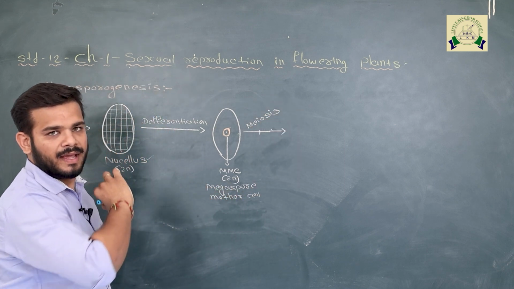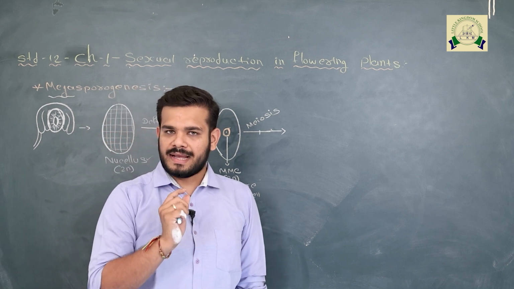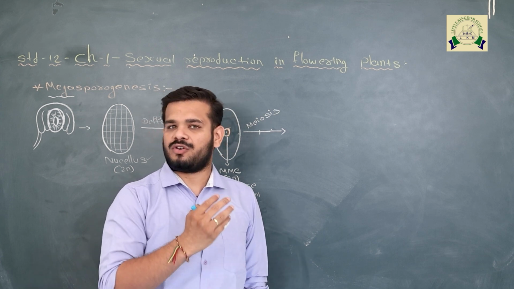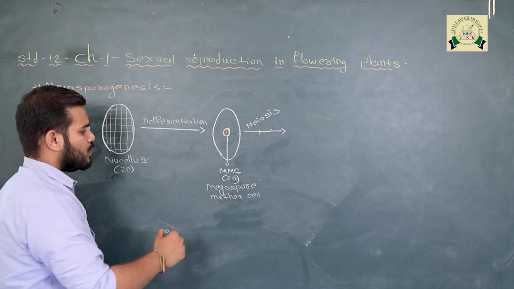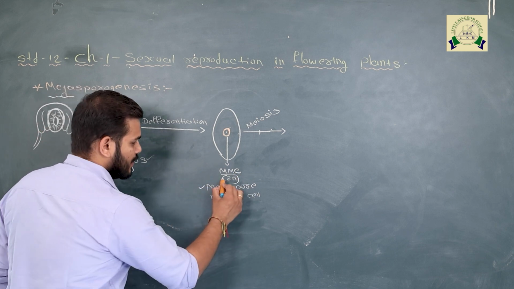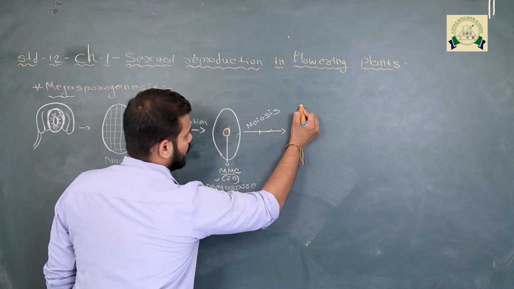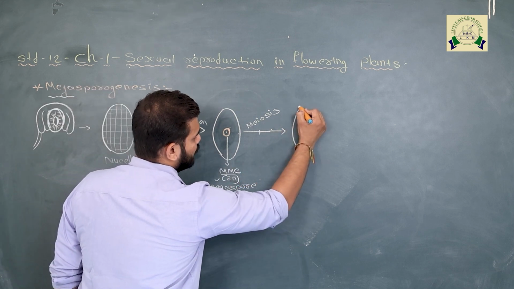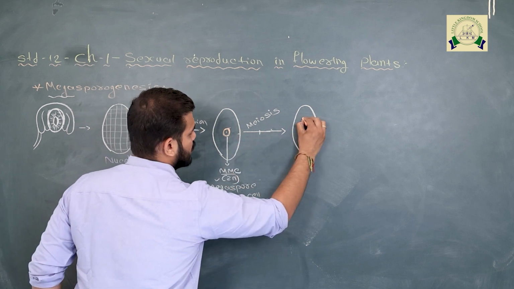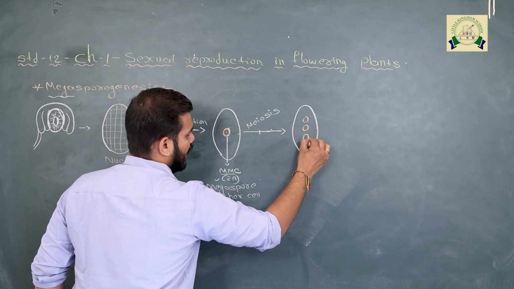As we know, at the end of meiosis, 4 daughter cells are produced. Each and every daughter cell has half the number of chromosomes compared to the parent cell. So for this process, MMC or megaspore mother cell is the parent cell, which is diploid. That means after meiosis, in this structure, a total of 4 cells are produced, 1, 2, 3 and 4.